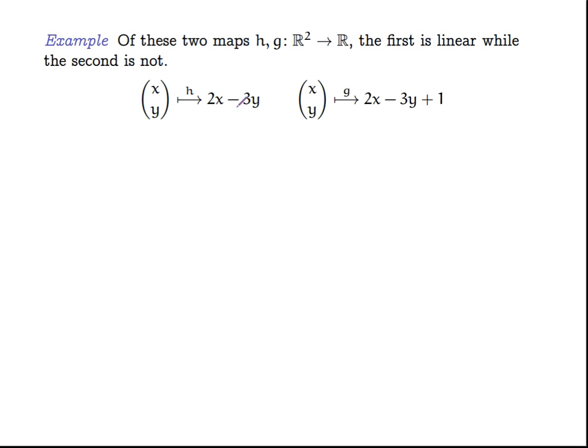Okay. Now, here's another example of these two maps. The first is linear and the second is not. You can kind of identify linear maps. Linear maps have terms that have to be linear in the sense that they're all first order in the variables.